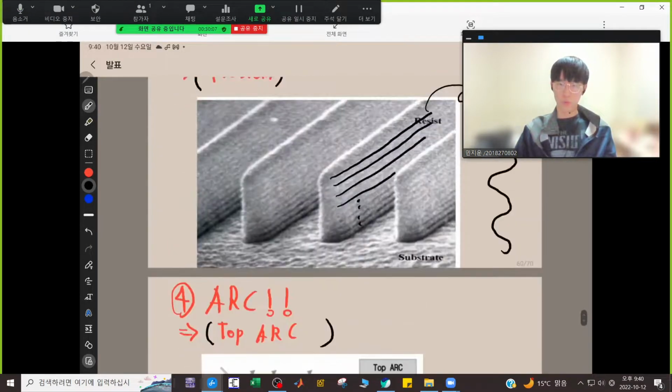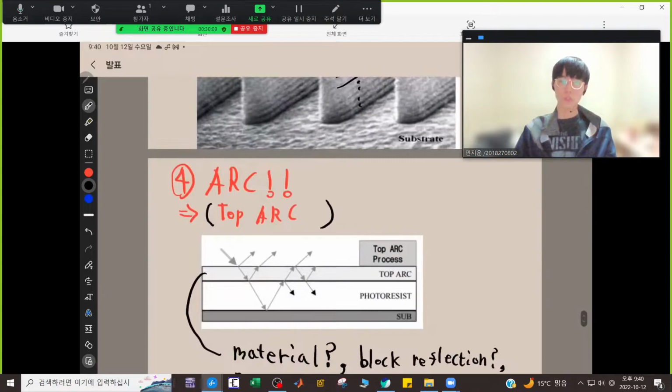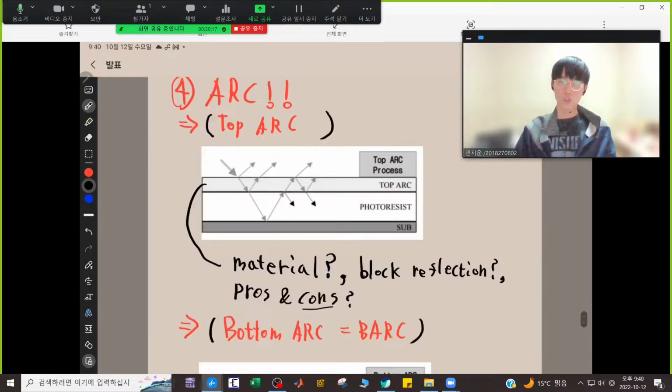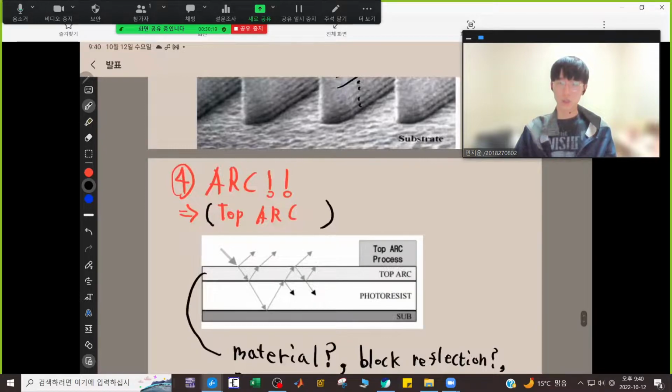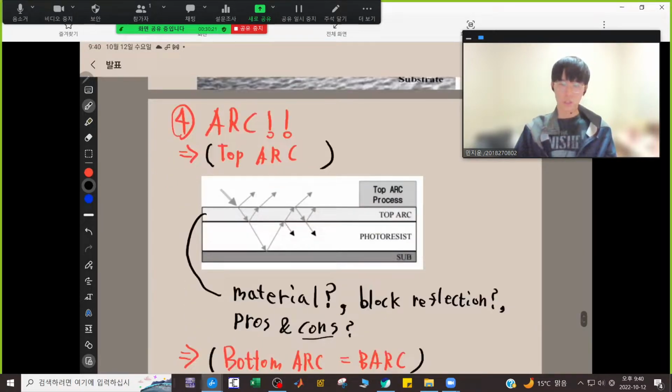To solve these problems, we use anti-reflection coating. In anti-reflection coating, there are two methods. The first method is top coating. This method coats the anti-reflection material on the soft-baked photoresist.